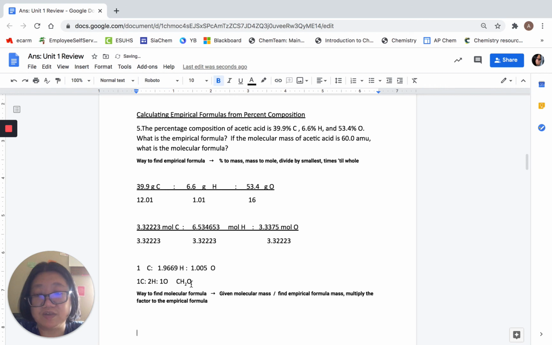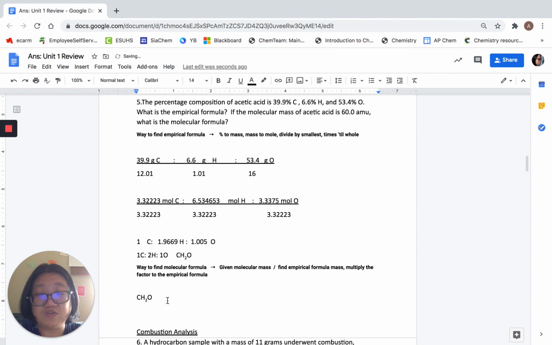Okay, so let's go ahead and see. So we have CH2O. So we're gonna do formula mass first. Which is we're gonna do C 12.01 plus H 1.01 times 2 plus O is 16. So we're gonna get 30.03. Okay. That is gram per mole. All right.